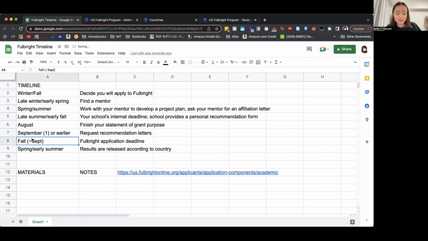Because I think it's the middle of September or something that your application is due. So you will need to talk to your recommenders several weeks before that letter is due to write those recommendation letters. And it's suggested that you provide them with your statement of grant purpose. So you need to finish your statement of grant purpose several weeks before the application deadline. So this is kind of the actual nitty-gritty of the process here.